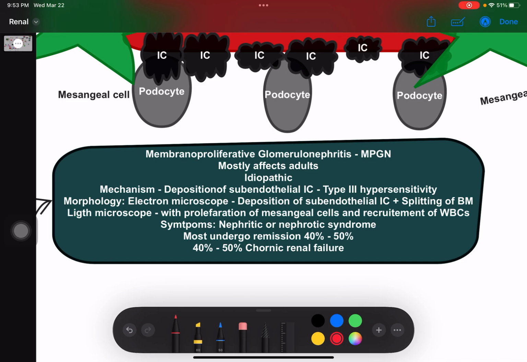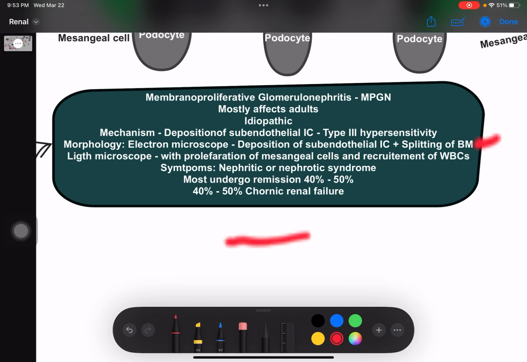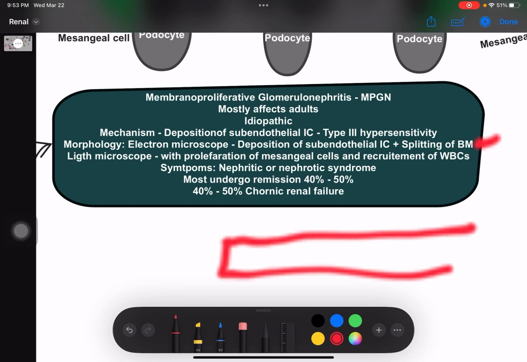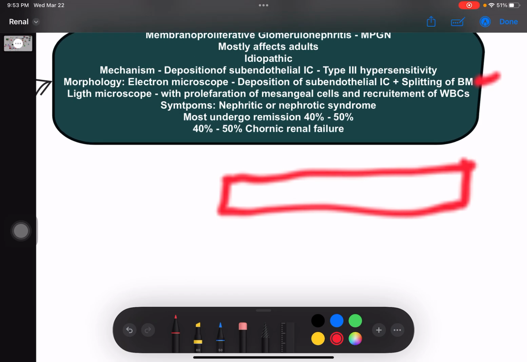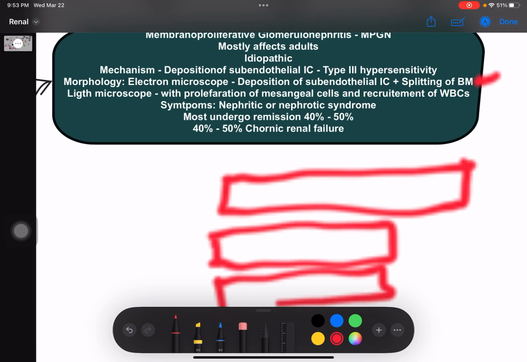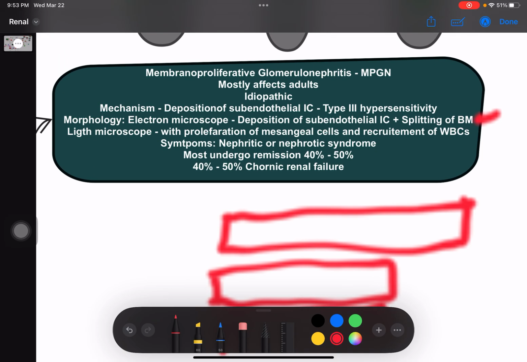Now, morphology here: there's deposition of subendothelial immune complexes. An important thing here is there's a splitting of the basement membrane as well. So the basement membrane is usually like this, but in membranoproliferative glomerulonephritis we have splitting, like they're split in two.